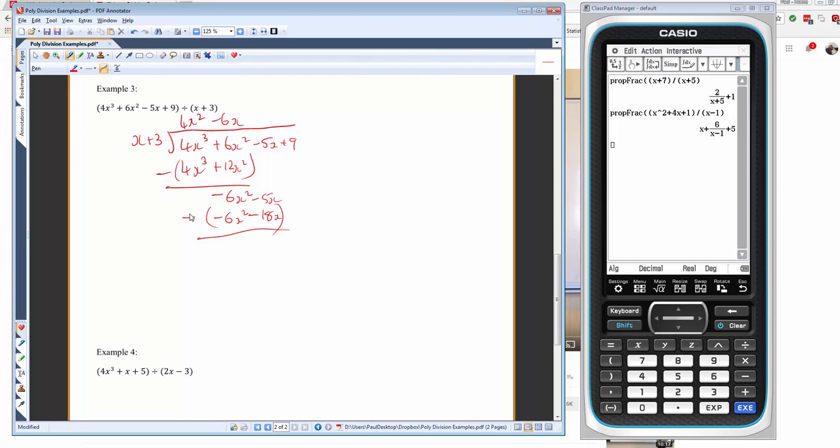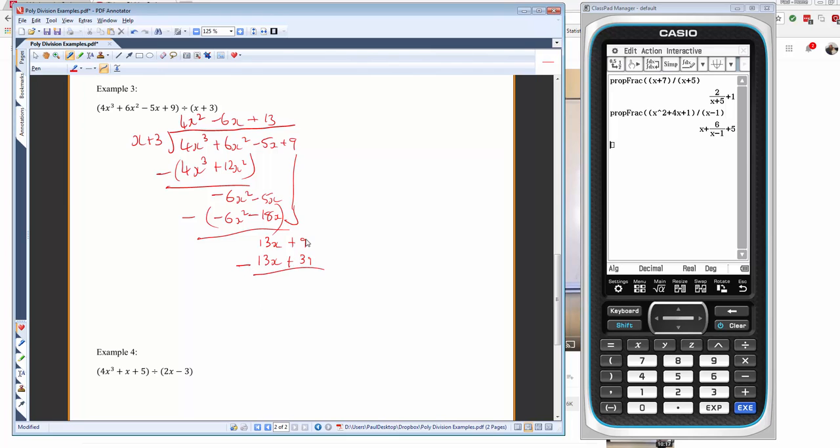Negative 5x subtract negative 18x is the same as negative 5x plus 18x, which will give me 13x plus 9, which we've brought down from there. Okay, x into 13x goes 13 times. 13 times x is 13x. 13 times 3 is positive 39.